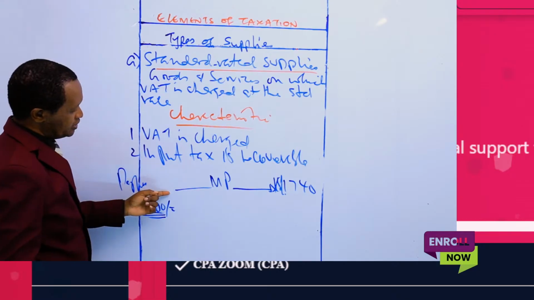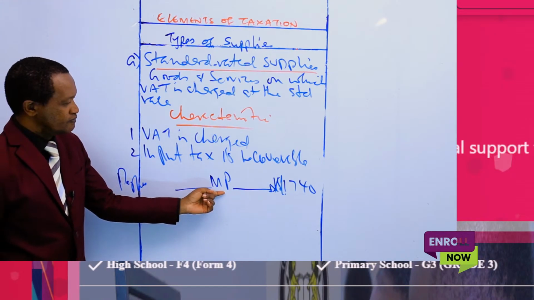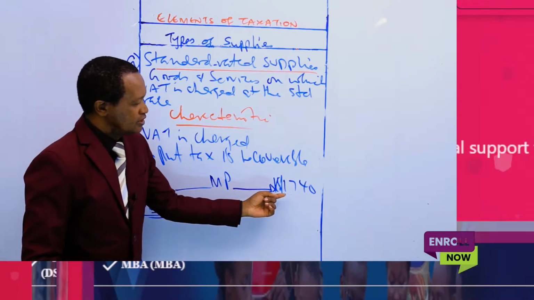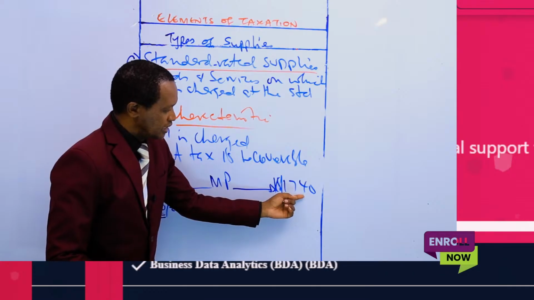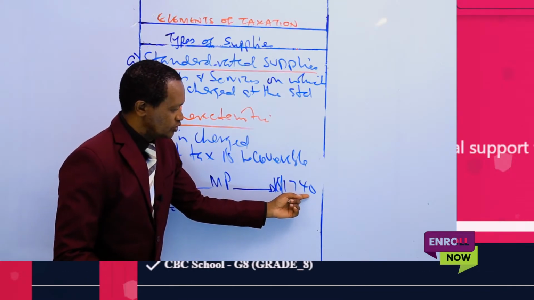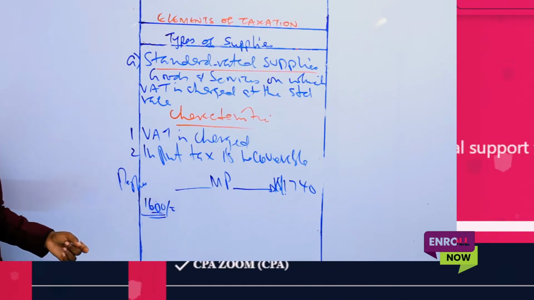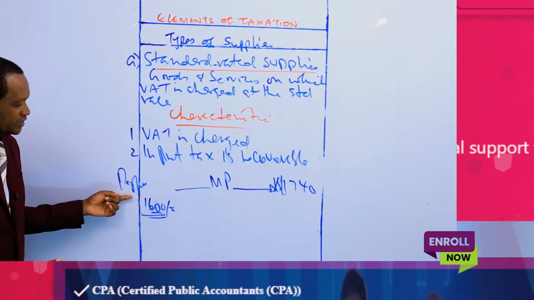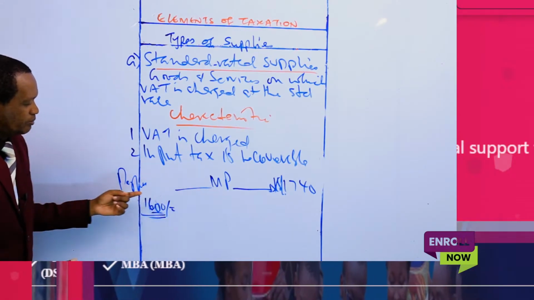So we're saying here that Manifested Publishers, which is selling standard rated supplies, books, at 1740 VAT inclusive, can recover the input tax that was paid when buying this paper.